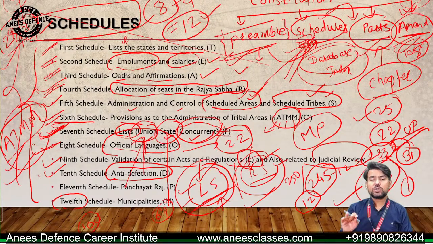That means they will be disqualified. In anti-defection you have four parameters, or four conditions, in which this law can be applied.